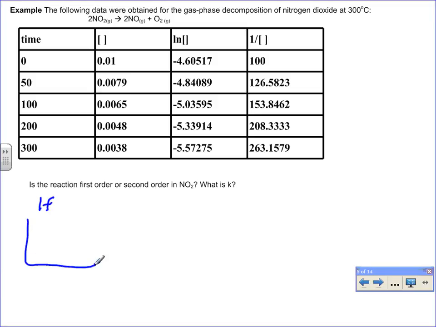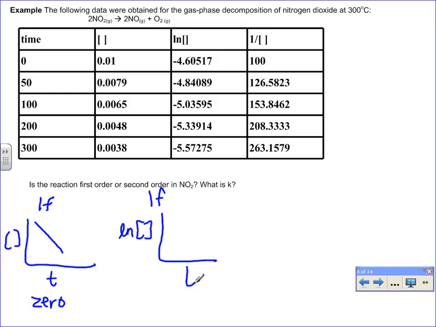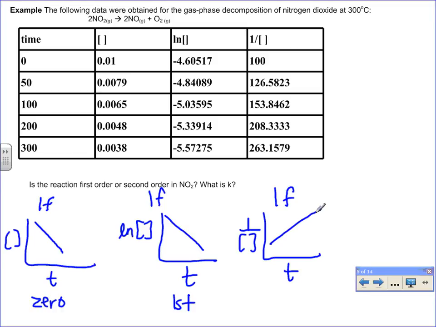If the concentration versus time was linear, then we would know that it's zero order. Okay? If not, then we need to check the next one. If ln of concentration versus time is linear, then we know it's first order. And if 1 over concentration versus time is linear, then we know that it's second order.